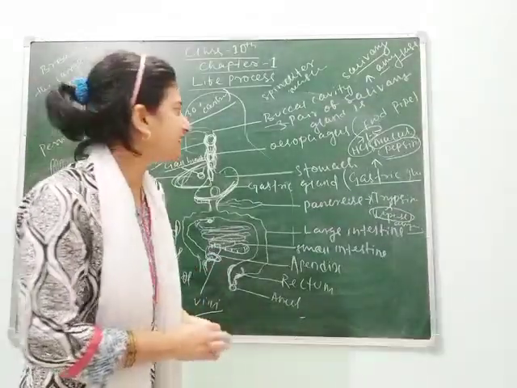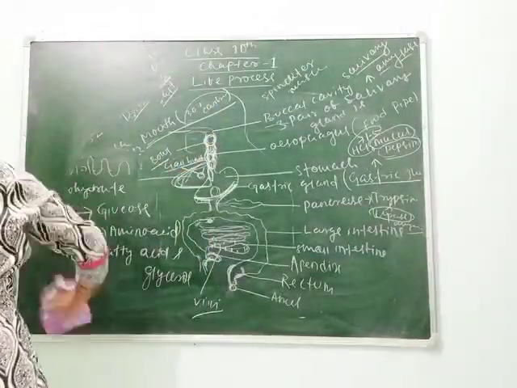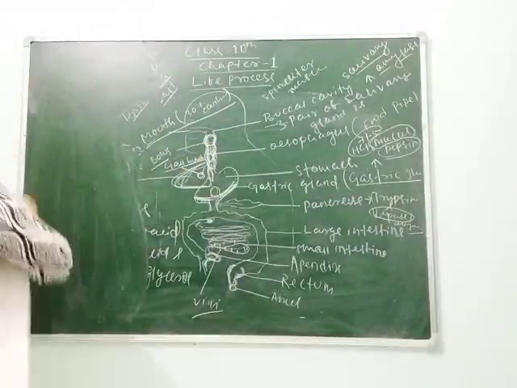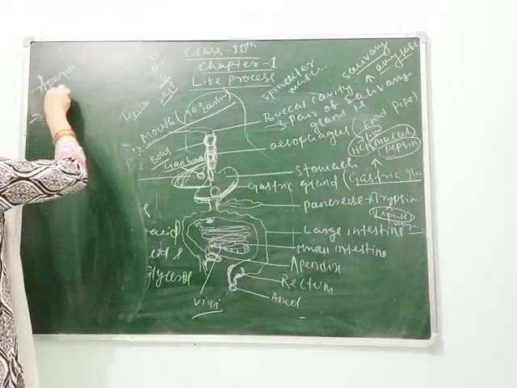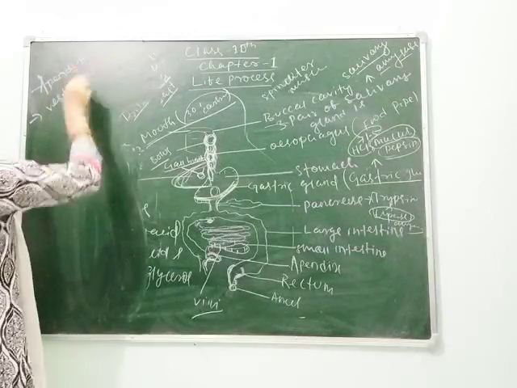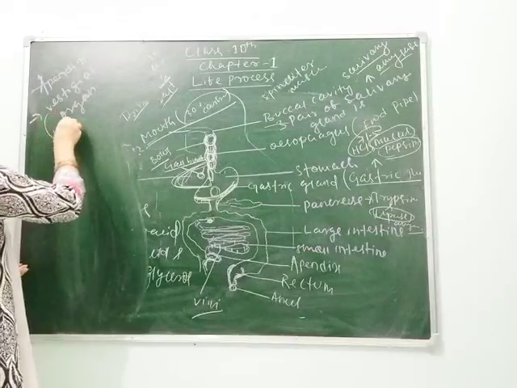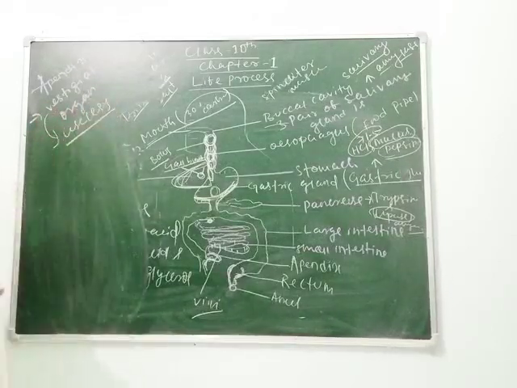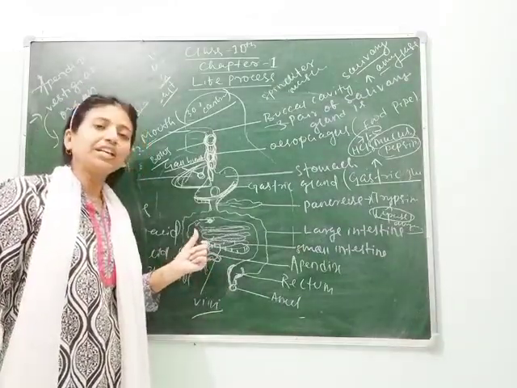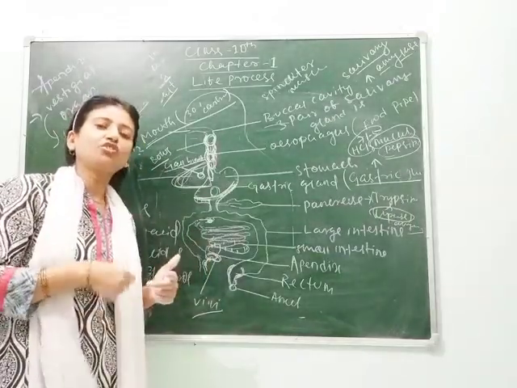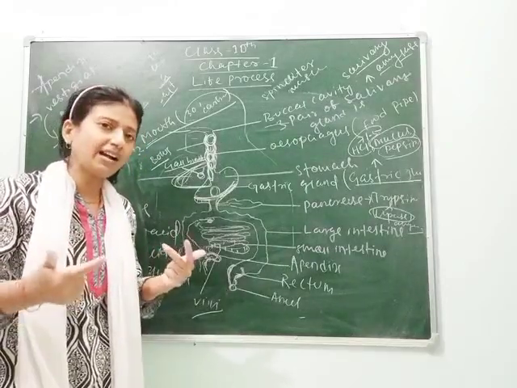Here is the appendix. Appendix is called the vestigial organ. Vestigial means useless, which is not used. Why is this called a useless organ? Because, as I have told you, during human evolution, human beings were not familiar with different types of foods, so they used to take raw foods, meaning kacha khana.